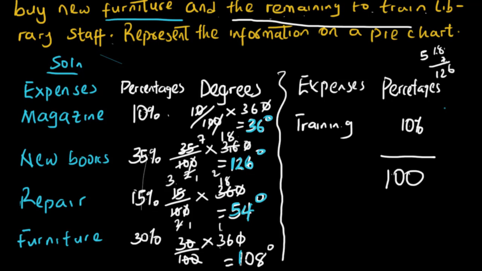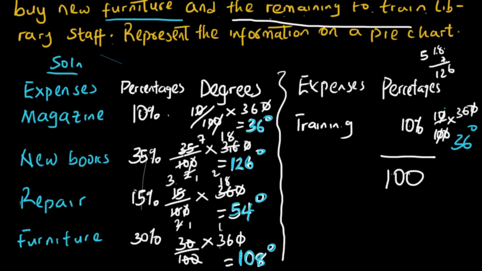Let me write this in blue too so we can see it. Then lastly, we have for this 10 over 100 times 360. 0 cancel 0. 0 cancel 0. So we have 36 degrees. So this last one gives us 36 degrees.